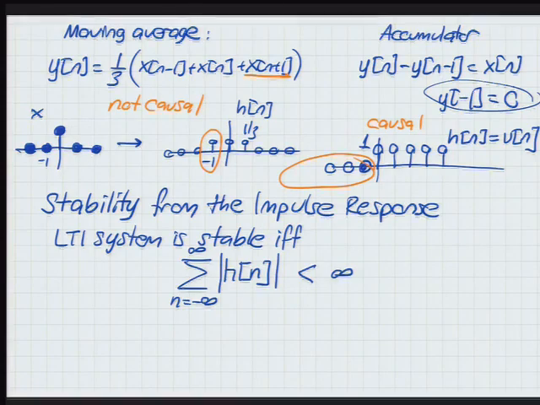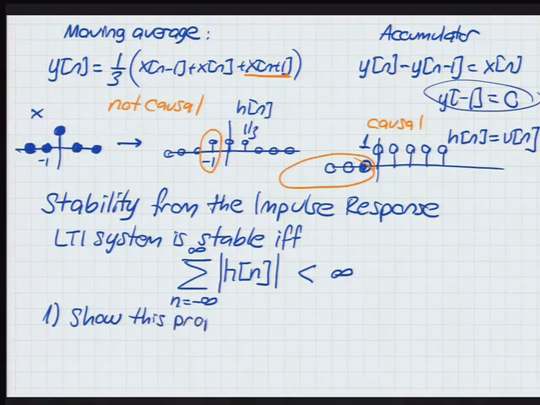So therefore, this condition is necessary and sufficient for stability. All right? And we'll argue both. Okay? So let's first show that this property implies stability.